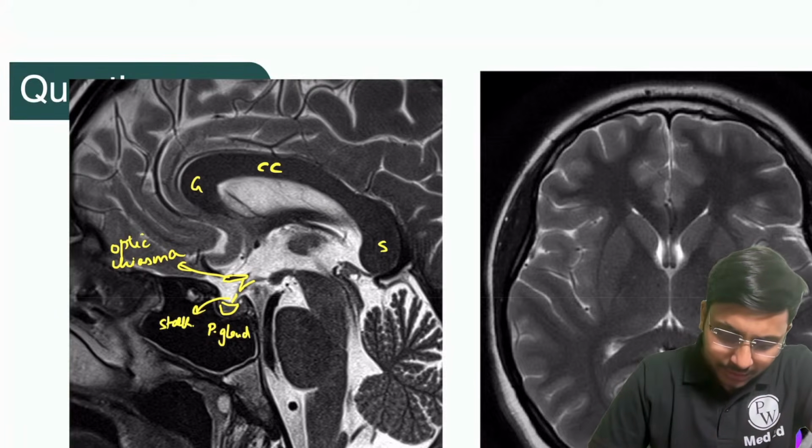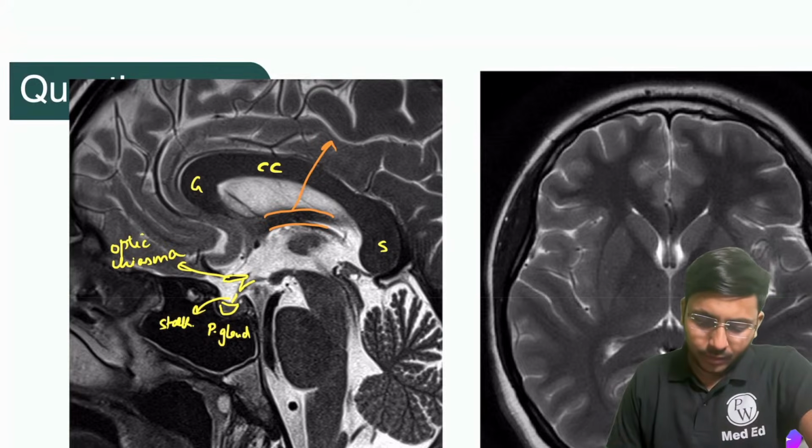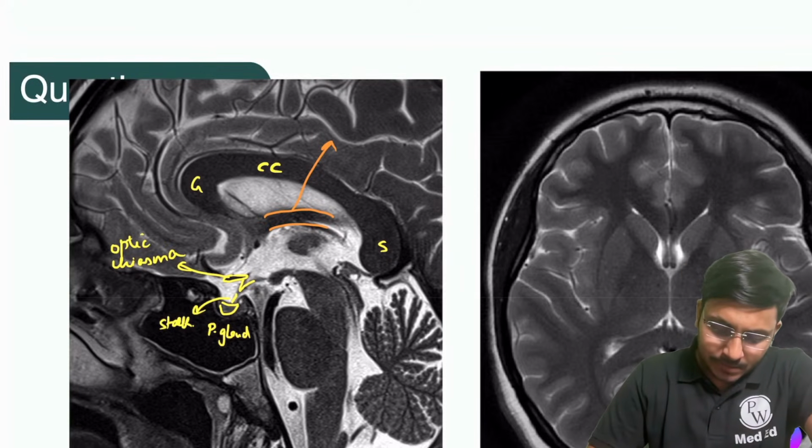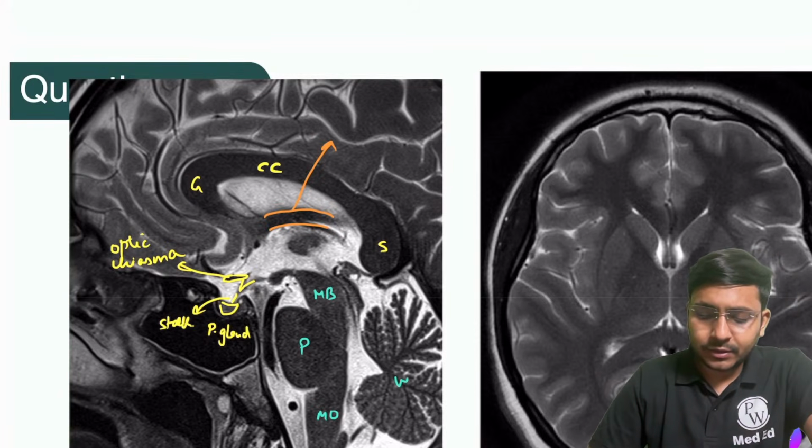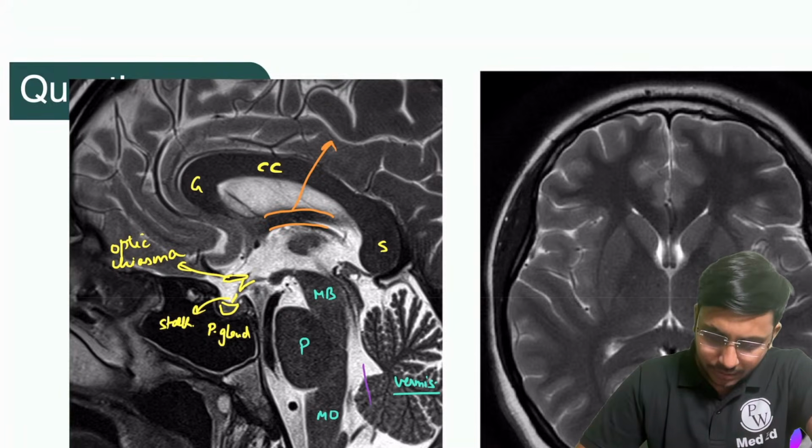Can someone tell me what this structure is? This is midbrain, this is pons, this is medulla oblongata, and this is vermis. This is fourth ventricle.